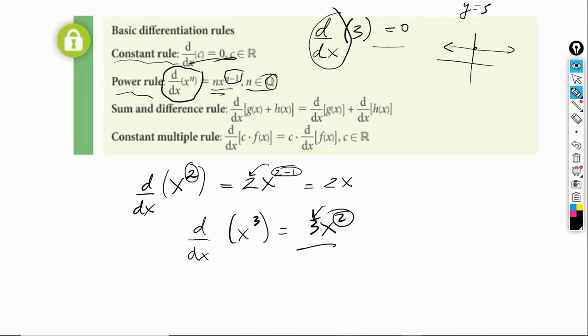Then let's look at something called the sum and difference rule. And what that says really is something as basic as this. Let's suppose you have a function, x squared plus x cubed, and they ask you to find the derivative of that.